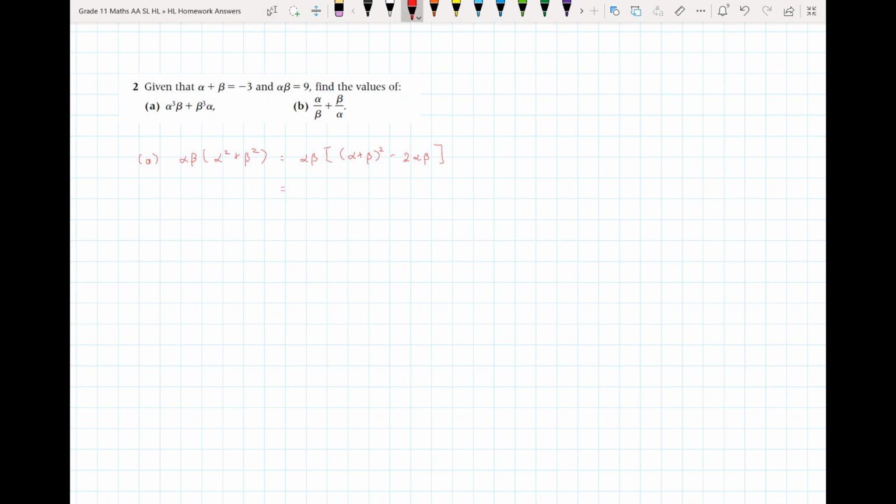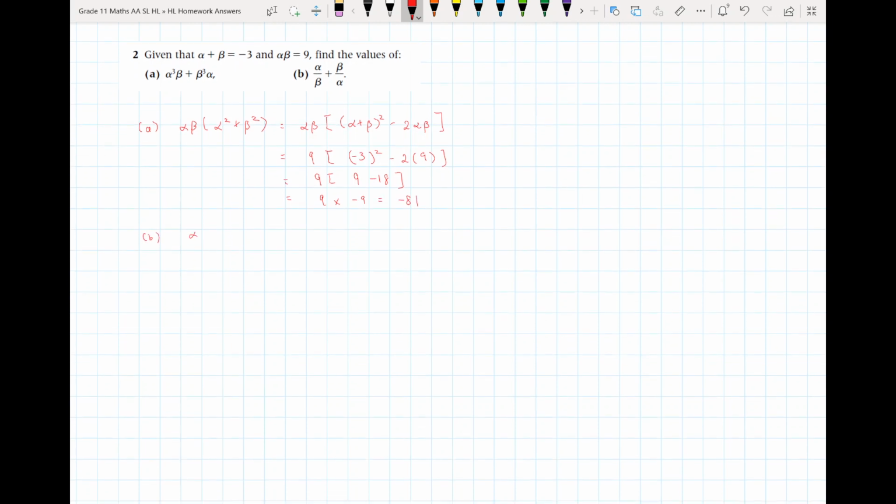And then I can just substitute and that should give me 9 times -9, which is -81. Here I can just cross multiply. So by that, I mean like that.